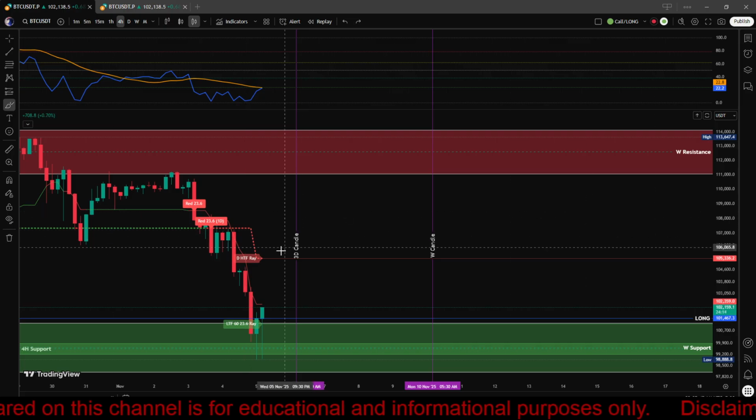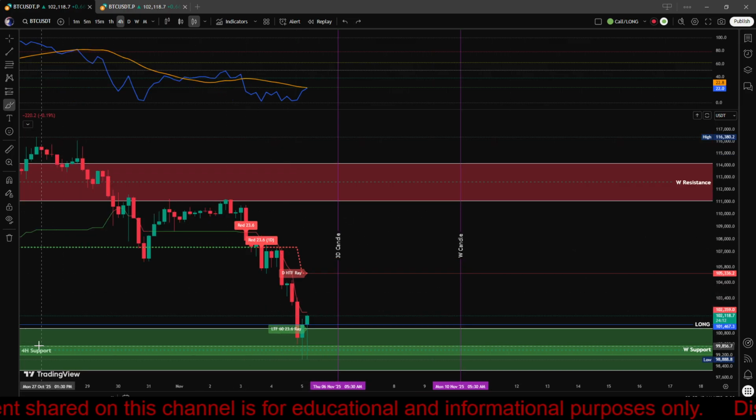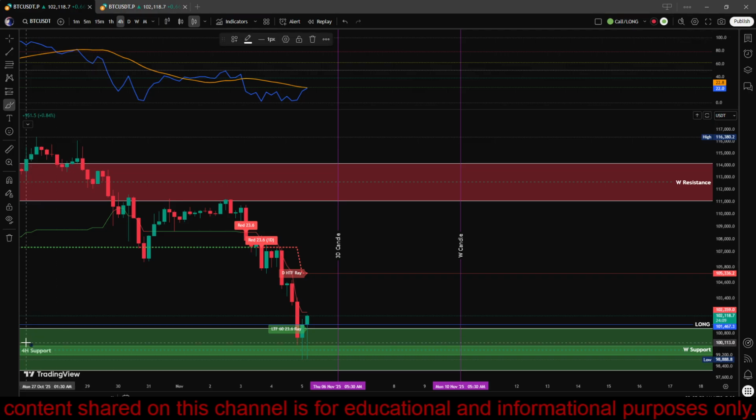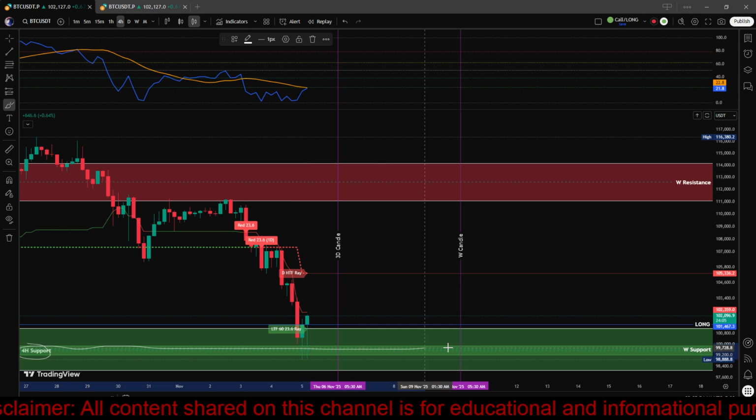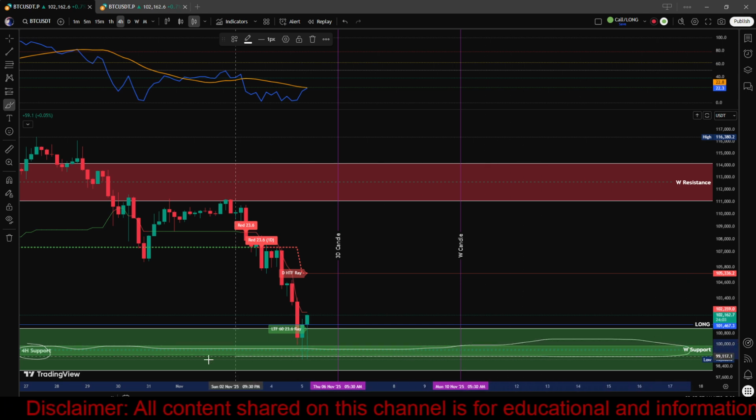So right now in the 4-hour time frame, the price is getting support of this 4-hour zone, inside the weekly zone.